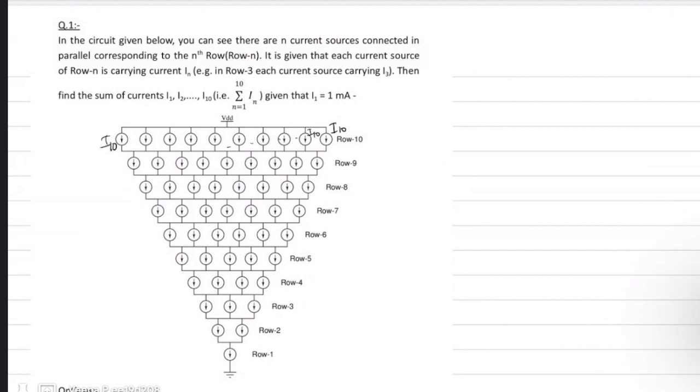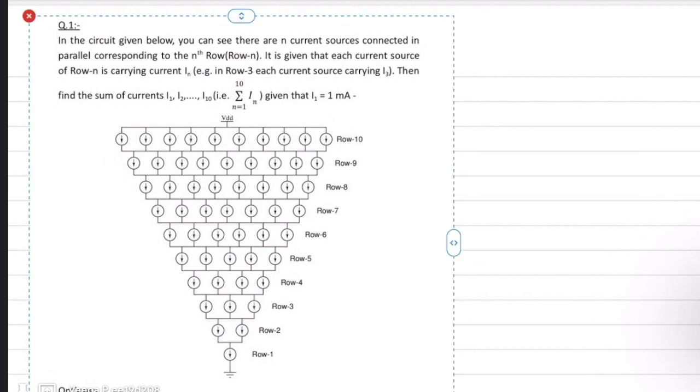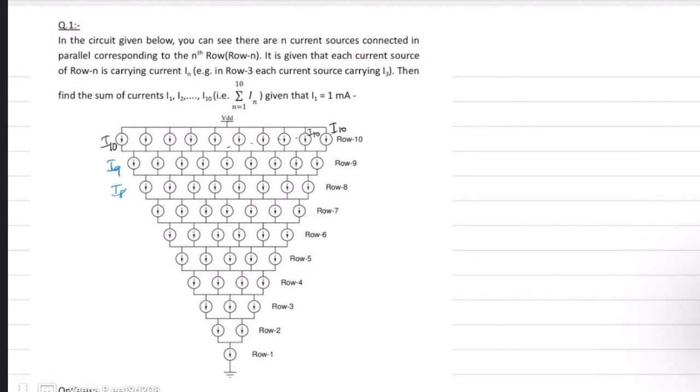Similarly, in the next branch, I9 is the current flowing. So next branch it is I8, it goes on until I1. So the value of I1 is given. You are asked to find what is I1 plus I2 plus so on up to I10. Or mathematically, this is same as sigma n varies from 1 to 10 IN.